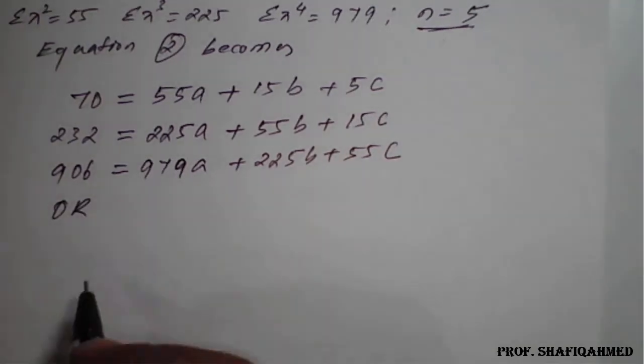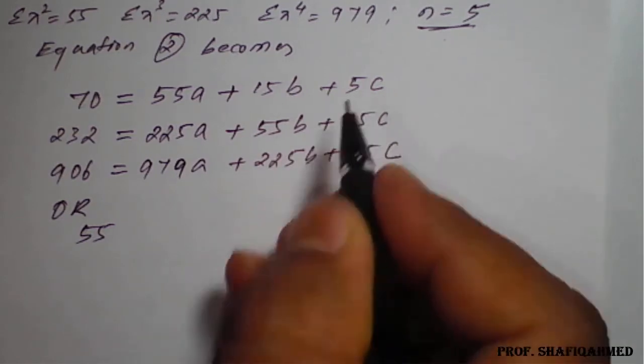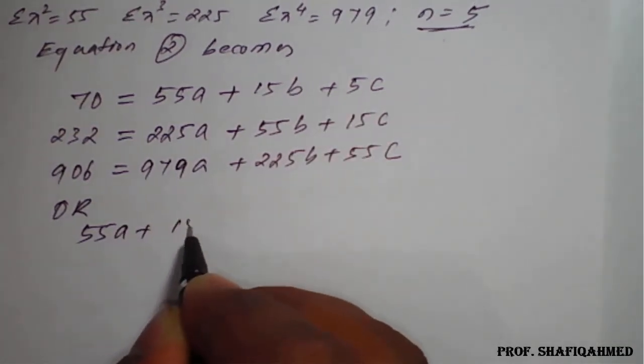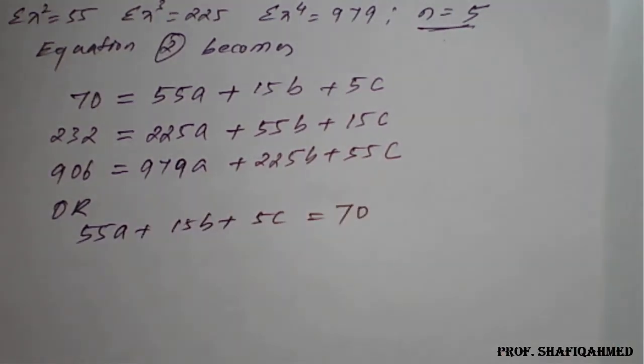Or I'll rearrange this: 55a plus 15b plus 5c equal to 70.